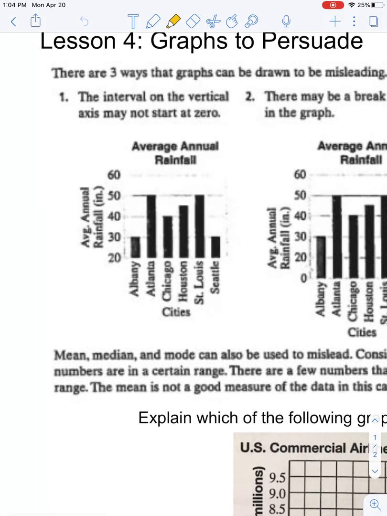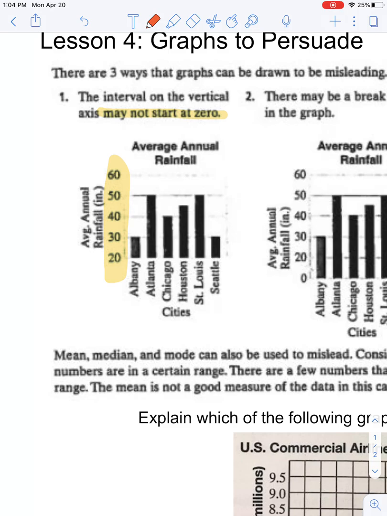So in example number 1, the interval on the vertical axis does not start at 0. So I'm going to highlight that. You can see that on the y-axis here, it does not start at 0. So this data information can be misleading because when you look at the average annual rainfall, you can see that the cities across the bottom, starting with Albany and Seattle, have the lowest amount of rainfall.